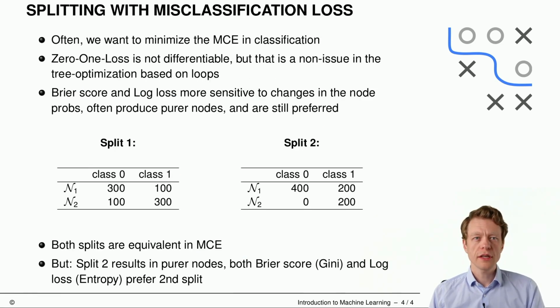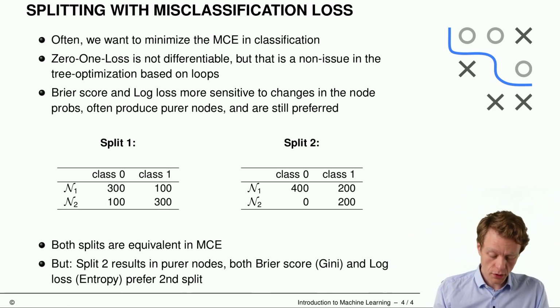One last point here. Often we want to minimize the mean misclassification error in classification. Or on the other hand, we want to optimize the accuracy, which is equivalent to minimizing the MCE. The loss that is used for this is the 0-1 loss.